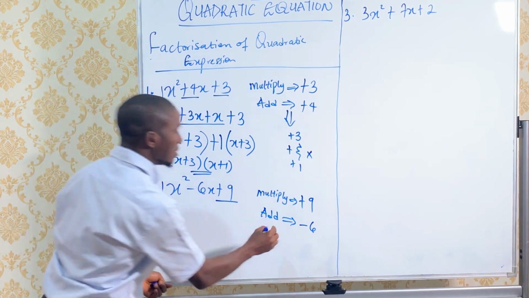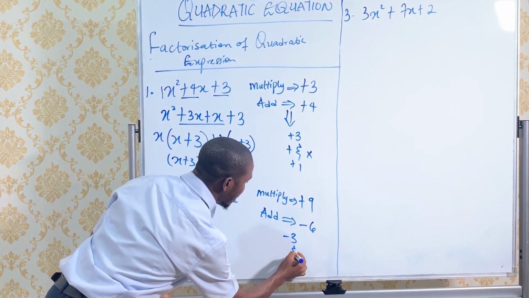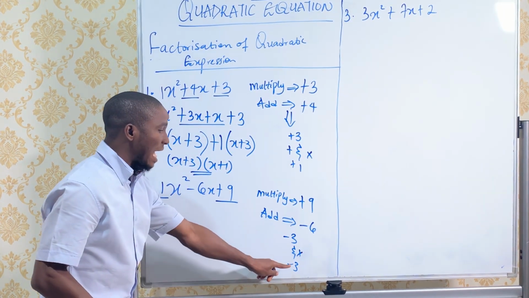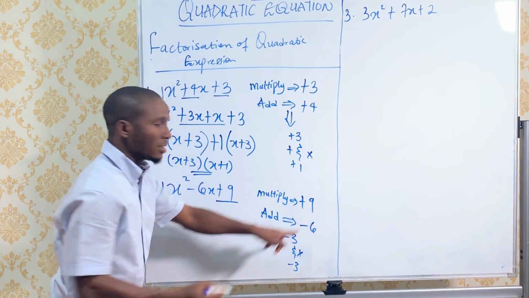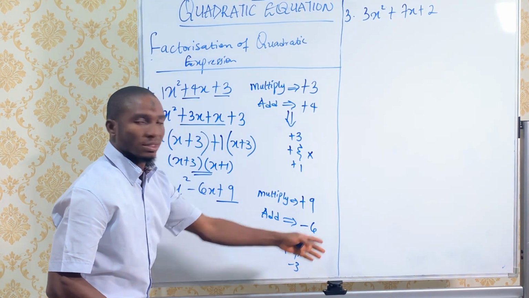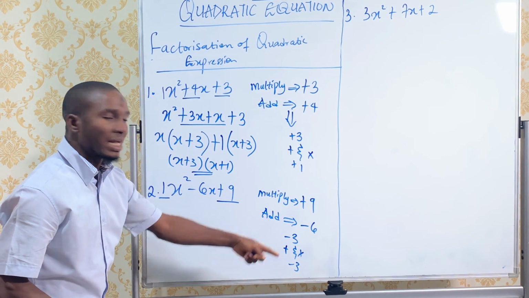The numbers are minus 3 and minus 3. Minus 3 times minus 3 gives plus 9, and minus 3 plus minus 3 gives minus 6.